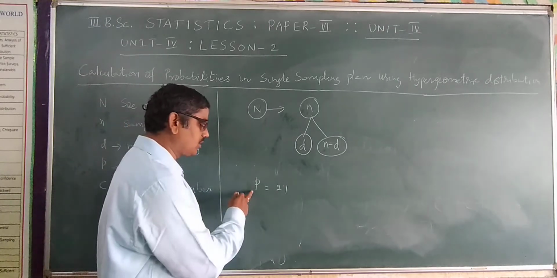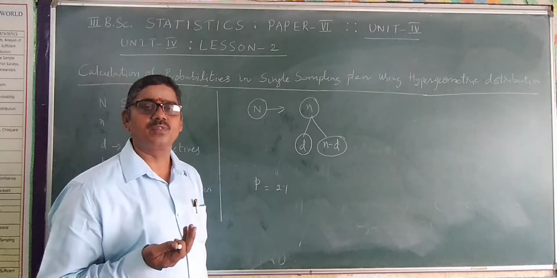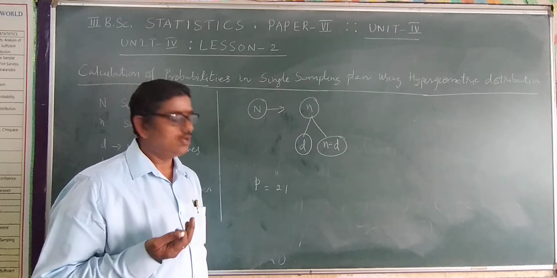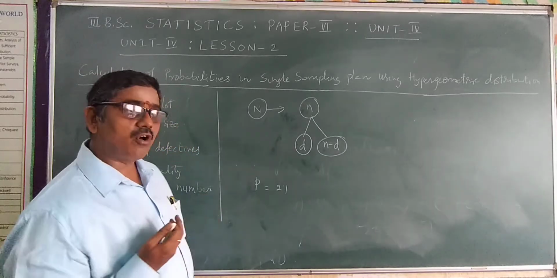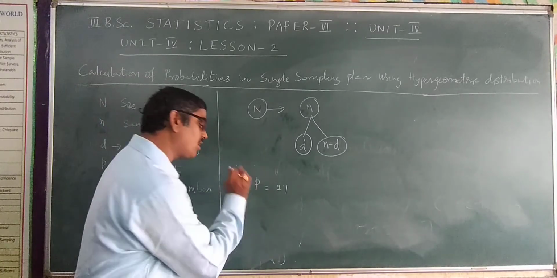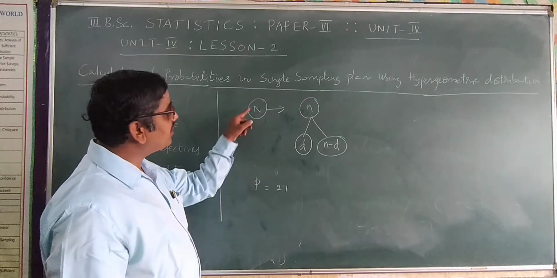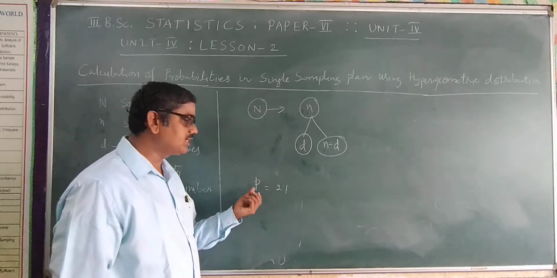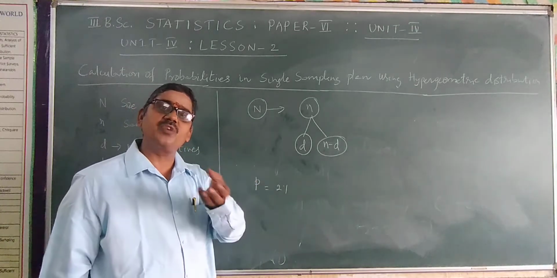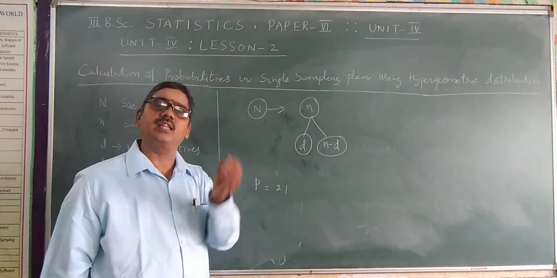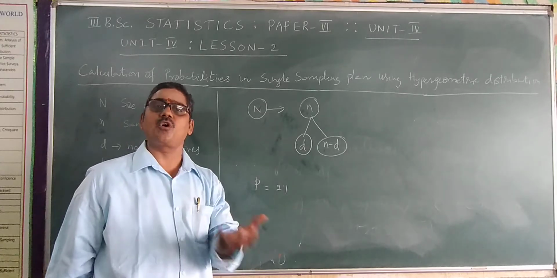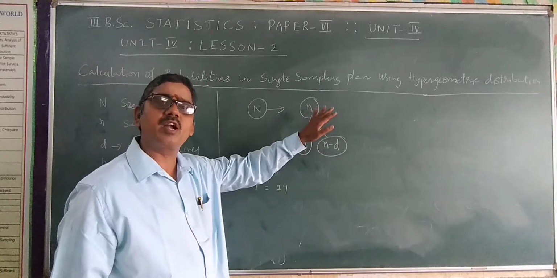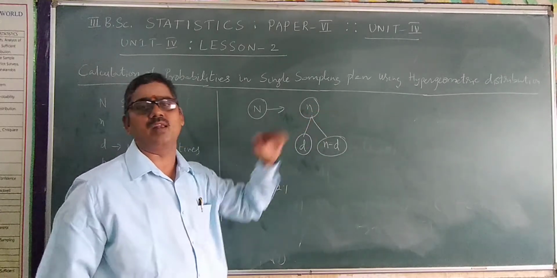Usually, this specifies the lot quality, the quality of the lot. Hope you understand. So this number decides the number of defectives in the lot. This is the proportion of defective items we get in the process, based on the information provided from the sample.